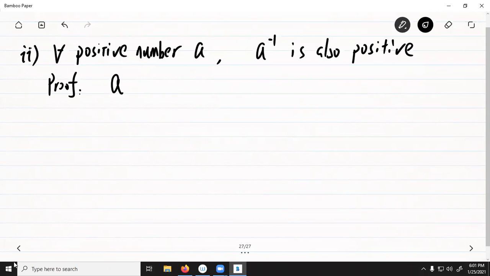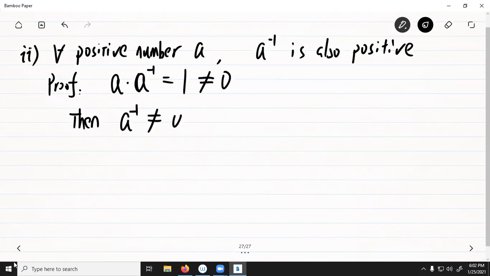We know that A times A inverse equals 1. This is the definition of the multiplicative inverse. And we also know 1 is not equal to 0. Then neither of them can be 0, since if A times B equals 0, then A equals 0 or B equals 0. If A times B is not equal to 0, A cannot be 0 and B cannot be 0. So A to the negative 1 is not 0.